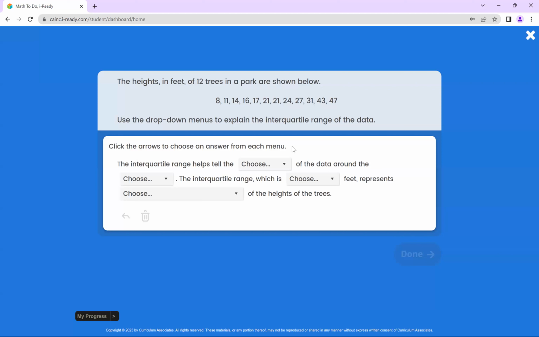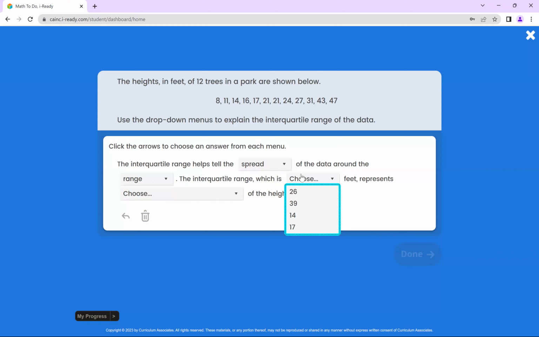So the interquartile range helps the spread of the data around the range. I need to see the first drop down menu, by the way. Okay, thank you. 26.